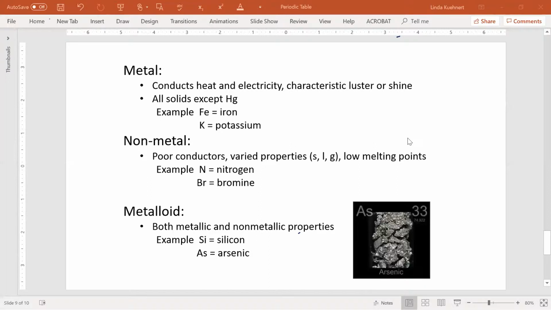Now with our nonmetals, remember we have diatomic molecules that we also have discussed. So elements that hang out in groups of two: hydrogen, nitrogen, oxygen, fluorine, chlorine, bromine, and iodine. These are all our diatomic molecules.